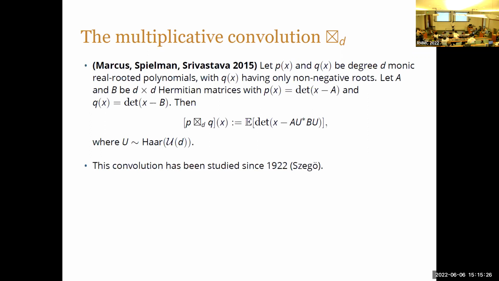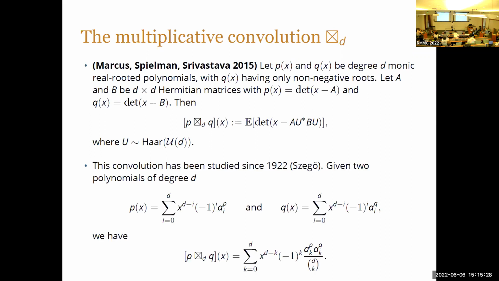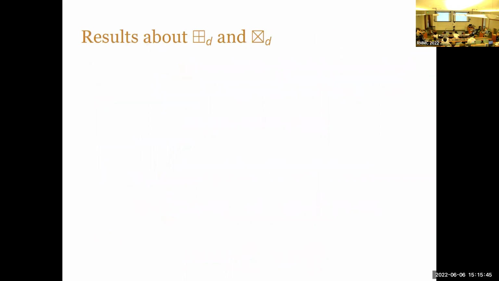Again, this convolution has been studied for around 100 years. And the formula for the coefficients of P convolution Q is this time even simpler. So you can compute the coefficients in this way, and you can even think of this as some alternative way of defining it.